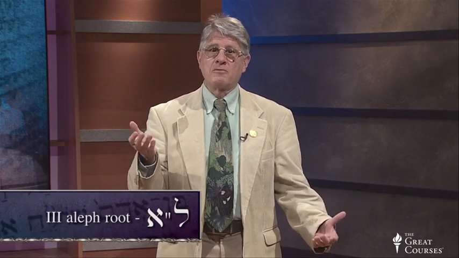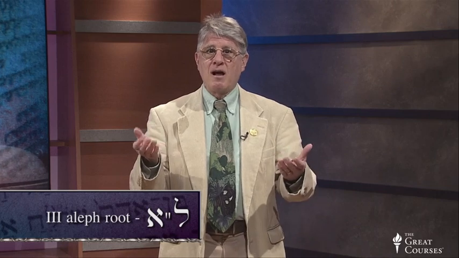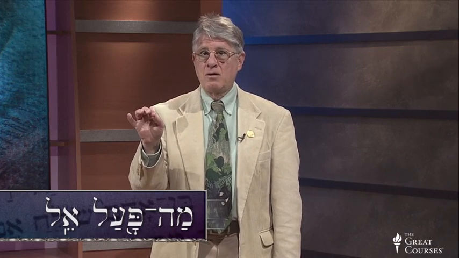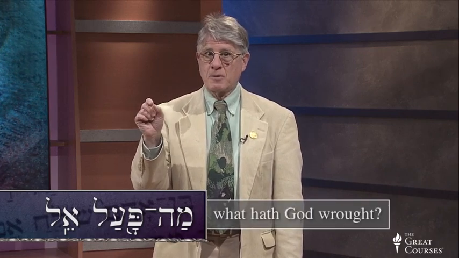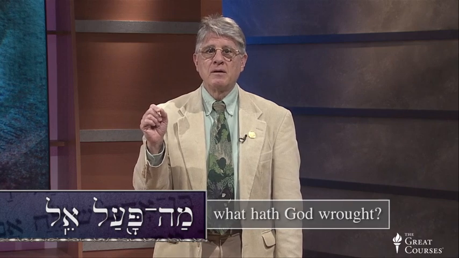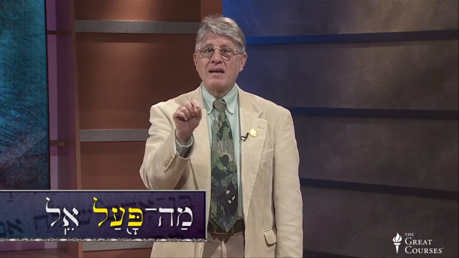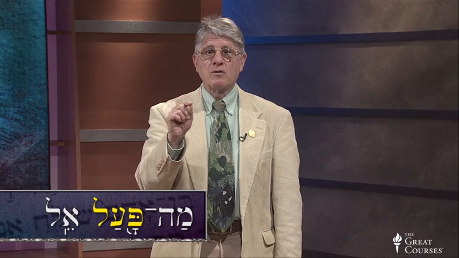A third aleph root would be called Lamed aleph. That's the system that comes most naturally to me. So even though I'll sometimes use the numbers for the sake of clarity, sometimes you'll hear me say Pei, Ayin, or Lamed instead. If you can remember Ma Pa'al El, what hath God wrought from Numbers 23:23, then you can remember Pei, Ayin, Lamed in the correct 1, 2, 3 order.